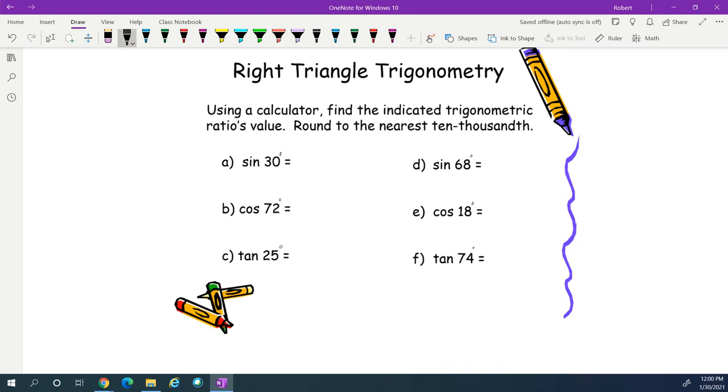So sine of 30. Again, we're getting used to our calculator, but our answer here is 0.5. Now, since we're going to go to the 10,000ths, we can tack those zeros on. In other cases, we're going to be careful how we get it from the calculator. So cosine 72.